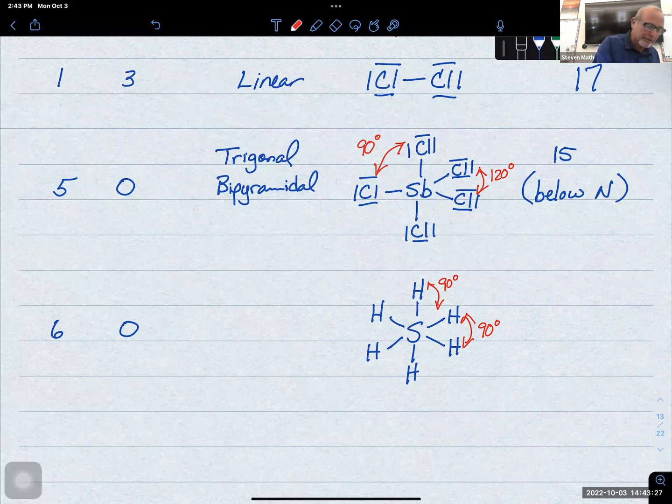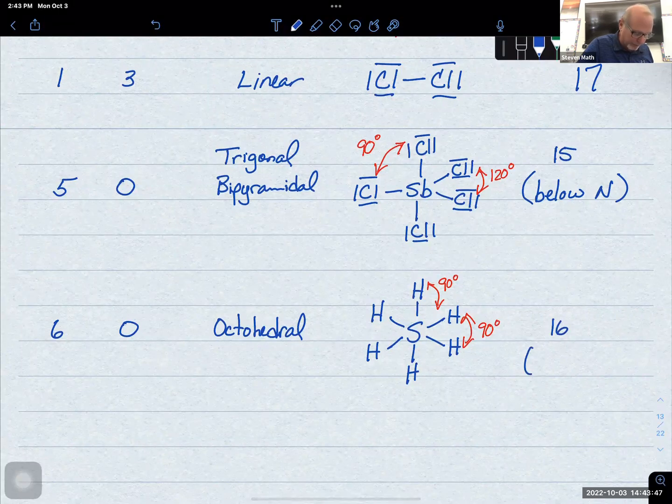And what this makes is a shape that we're all very familiar with, an octahedral, because there are 8 sides to it. And there's going to be a second video to this to help you visualize these sides. And this is going to happen in group 16. And of course, it's got to be below oxygen.